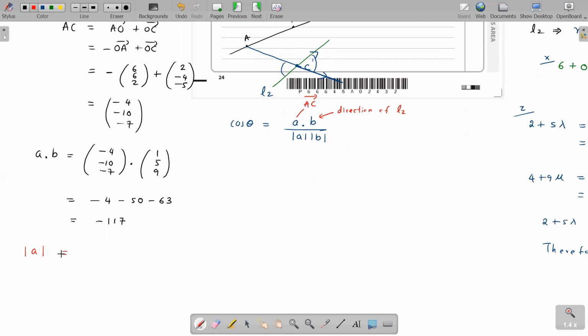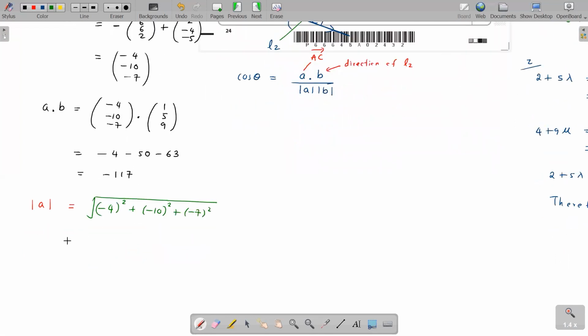Modulus A is the modulus of the vector AC. So what's the modulus of the vector AC? You square all the components and you root it. You square each and every component here and you root it. What do we get here? Root 165. Get me the modulus of the vector B also. Vector B is the direction of line 2.